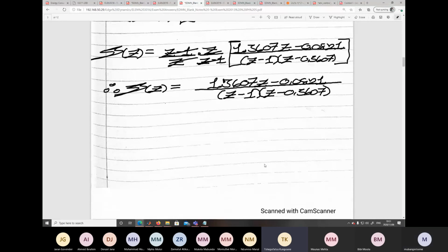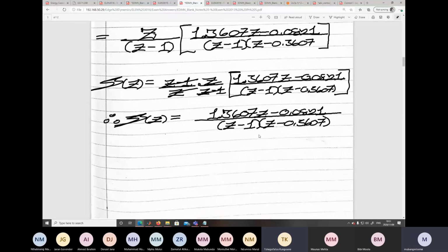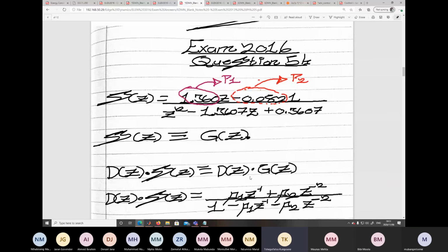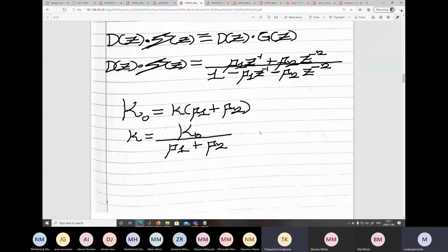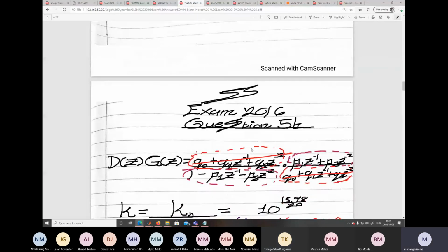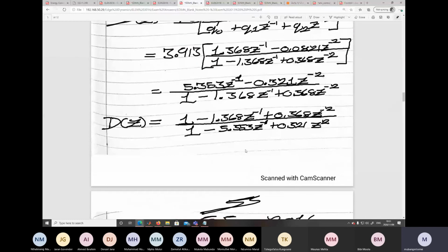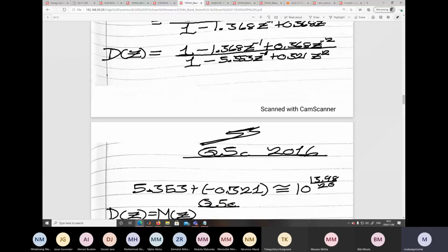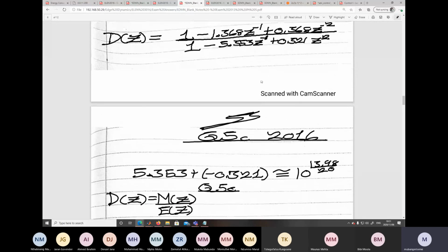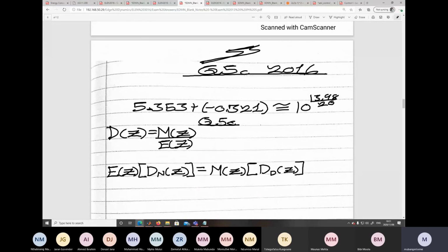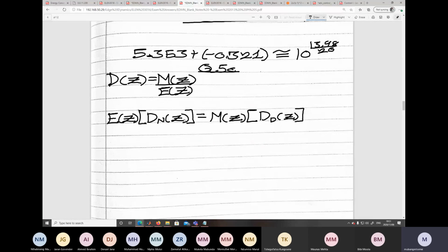Would the N and D for the D of Z be the numerator and the denominator? Correct, I'm just saying numerator and denominator. So, can somebody read out to me what our numerator is?